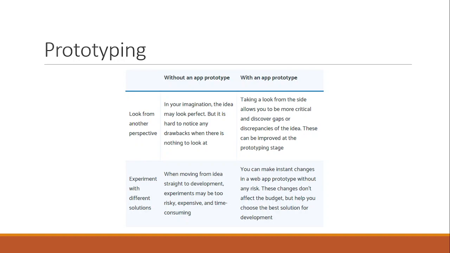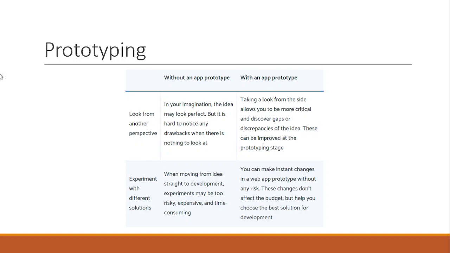So in your imagination, the idea may look perfect, but it is hard to notice any drawbacks when there is nothing to look at. If it is only in your imagination, most likely that idea is okay, you imagined it without flaws, but when implementing it, there are flaws present.